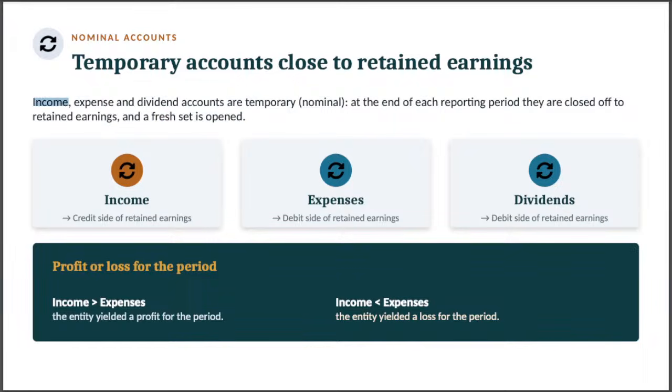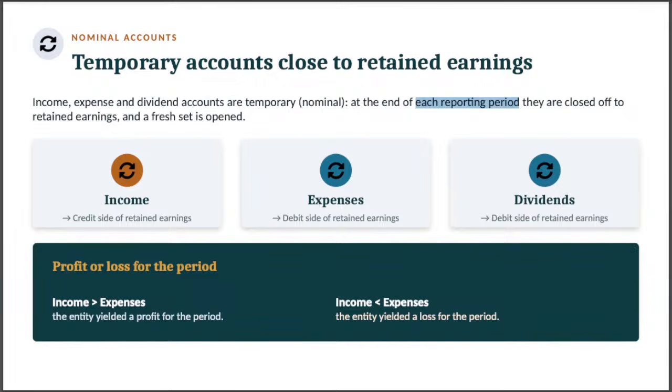Think about that, reporting periods. This is another aspect to understand: the reporting period. How can you make any calculations unless you know the period of reporting? Because then the accounts are cleared out. A fresh account basically is opened.